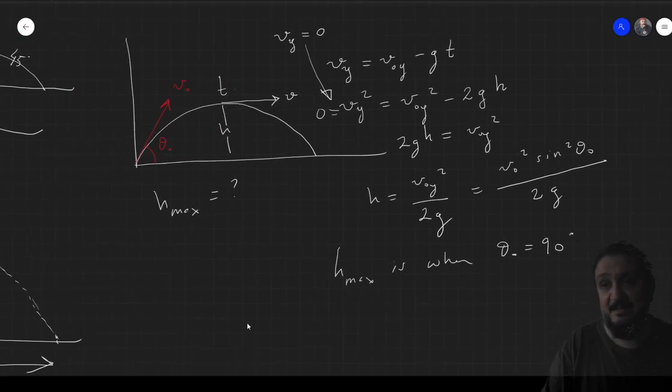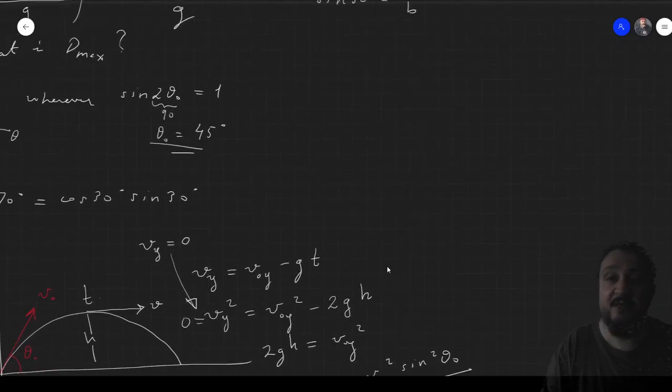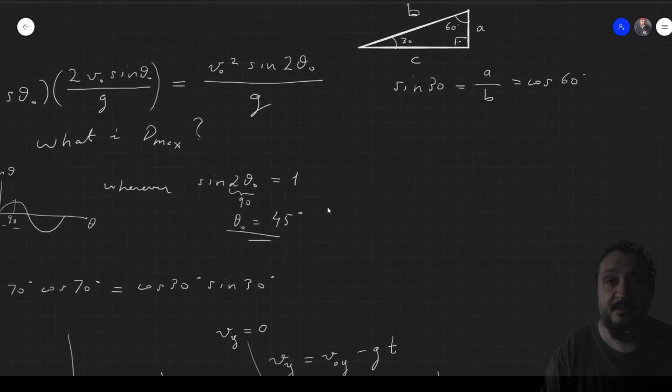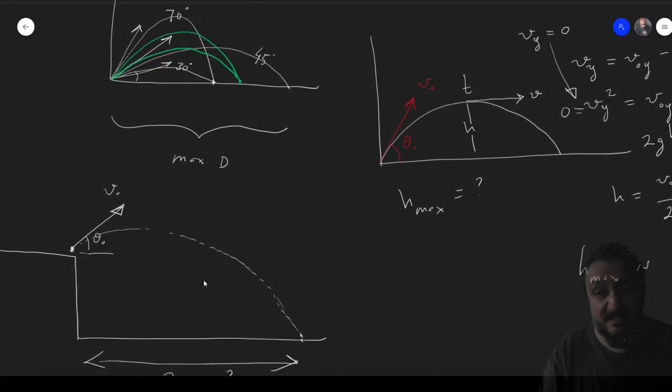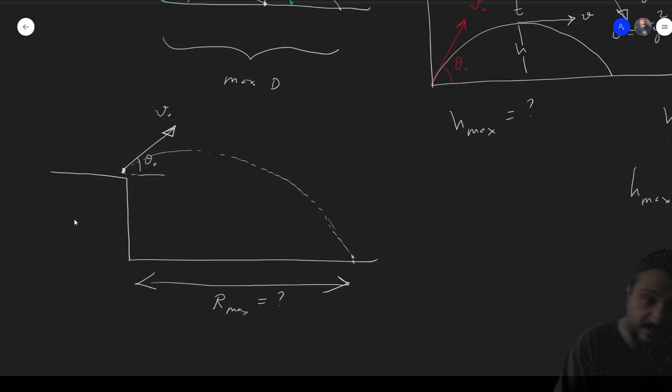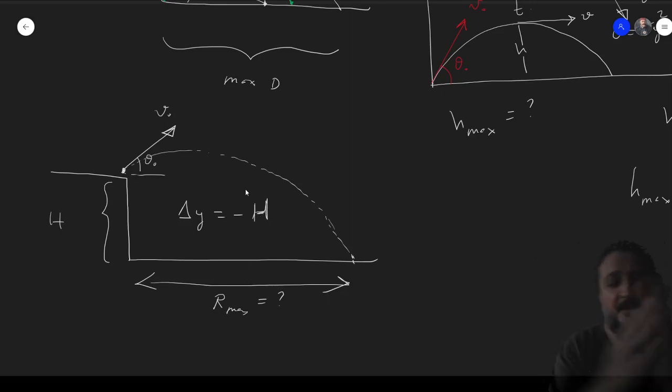Obviously, that cannot be equal to the range formula we found here, because delta y is not 0 anymore. You have the initial height, so delta y is negative h. But you can find it, and in the description I'll give you the link to another video of mine where I do this problem.